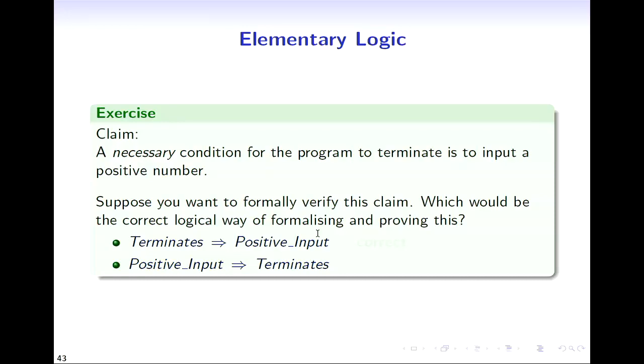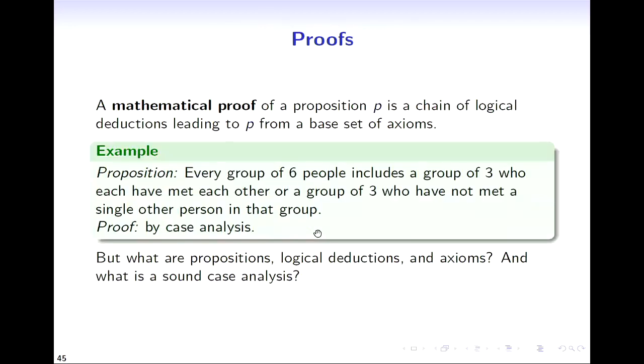Should it be a necessary condition for it to terminate or a sufficient condition to terminate? Sufficient condition, that would be the right way. But if we say necessary condition, then this is what needs to be expressed. So we will be looking at cases like this and how to deal with this formal logic in this chapter on the introduction to elementary logic. So this would be the correct answer for this particular claim.